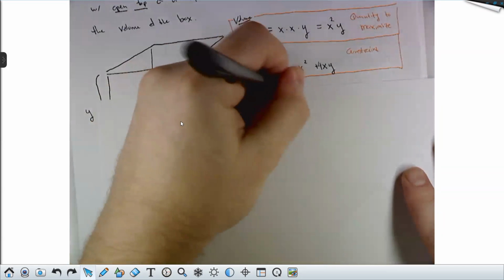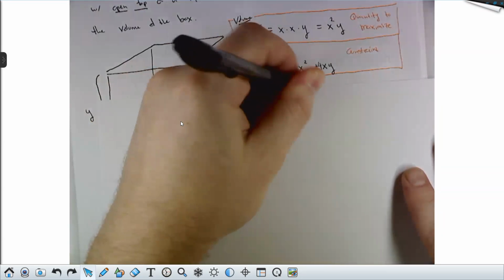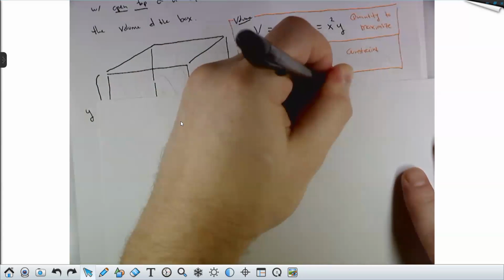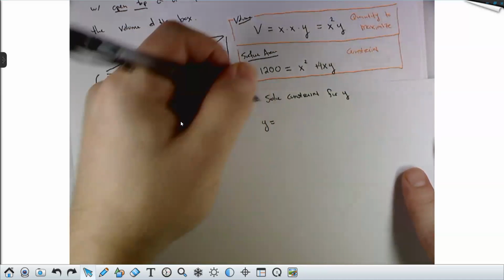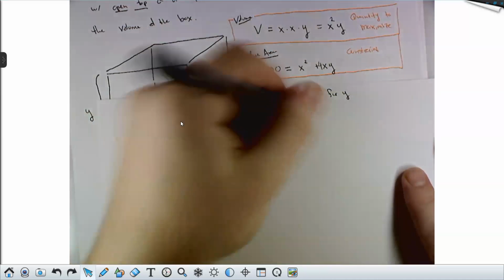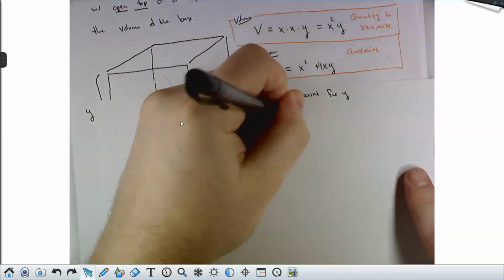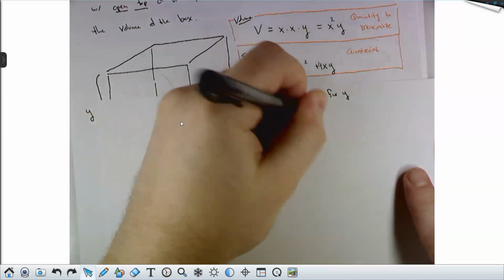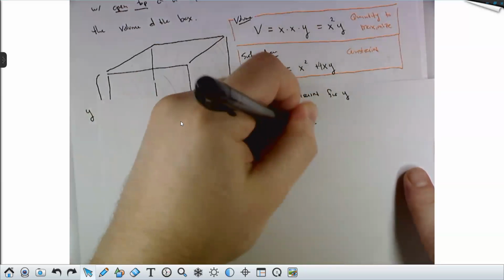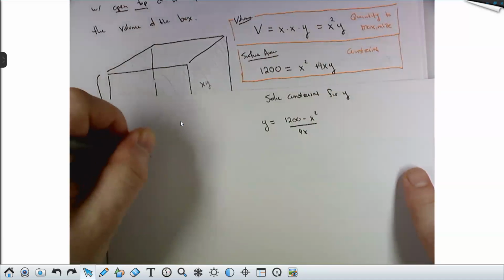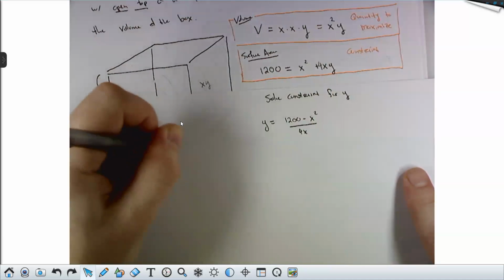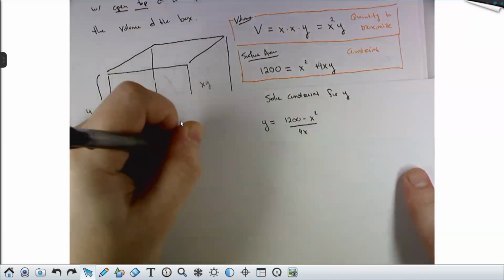So I'm going to solve this constraint for y, and that will give me y equals (1200 minus x squared) over 4x. I'll plug this into the volume equation.